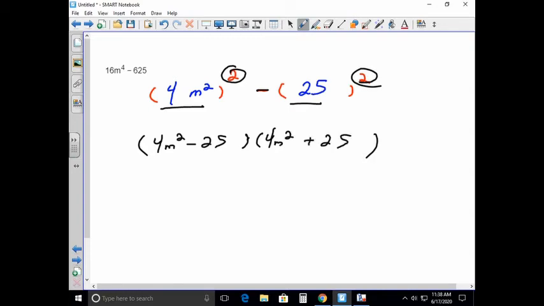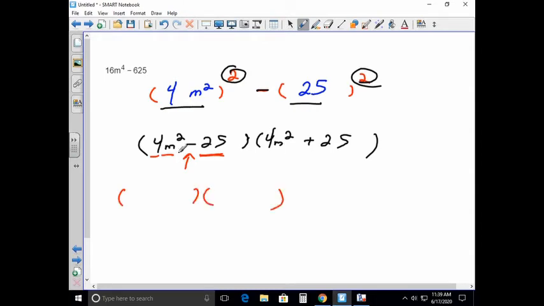Now, we're actually not done because one of these factors can be broken down farther. What do I mean? Look at the first one. 4 is something squared, that's something squared, and that's something squared, and we have a difference. So that first parenthesis is also a difference of squares.